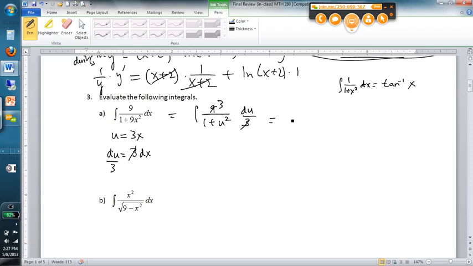So I have 3 over 1 plus u squared du. Well, that's just a multiple of the tangent inverse, isn't it? Isn't this 3 tan inverse of u, plus c, which u is 3x, so it's 3 tan inverse of 3x plus c.